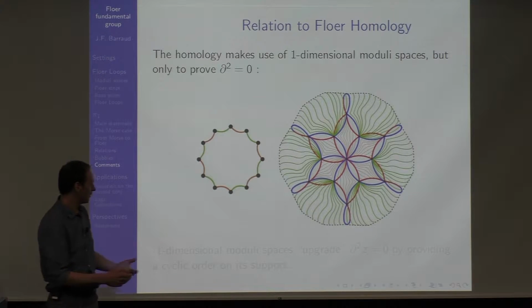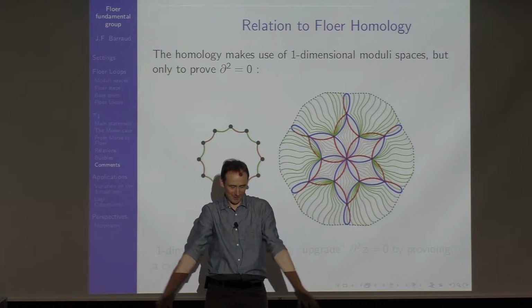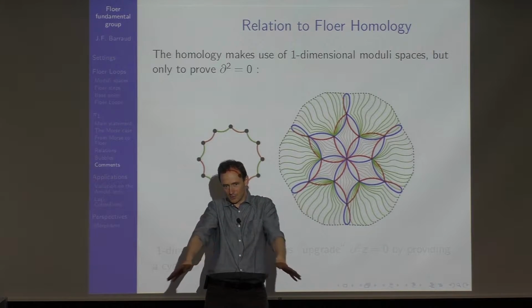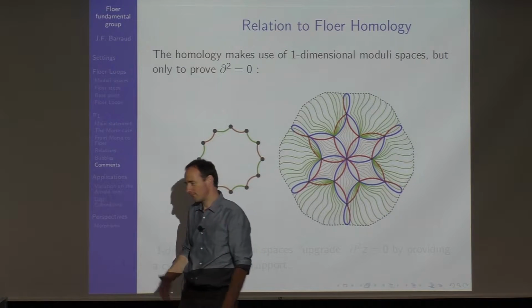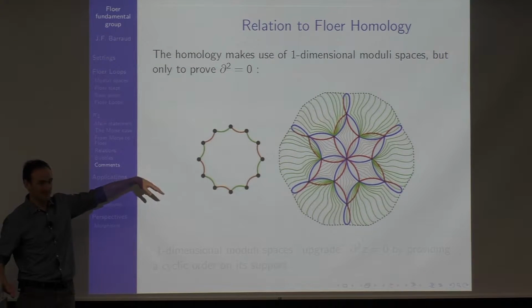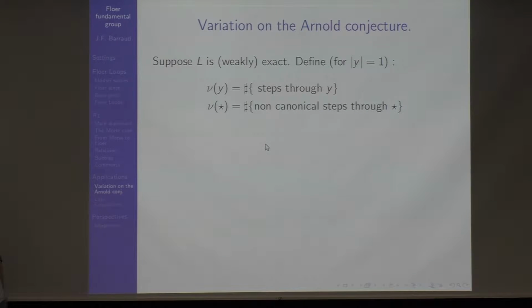Because the boundary of z is just a linear combination of the points you have below it, and if you take the one-dimensional moduli space into account, you can see an order on these points below z. I don't claim that this is a precise explanation of what I've done, but this is the main philosophy behind it. Okay, this is how I came to it. I don't know if it's enlightening, but that's how it is.